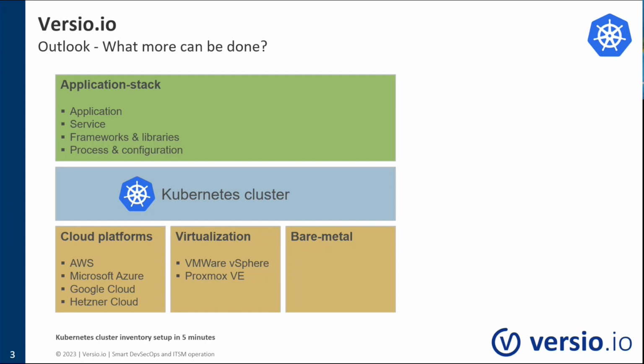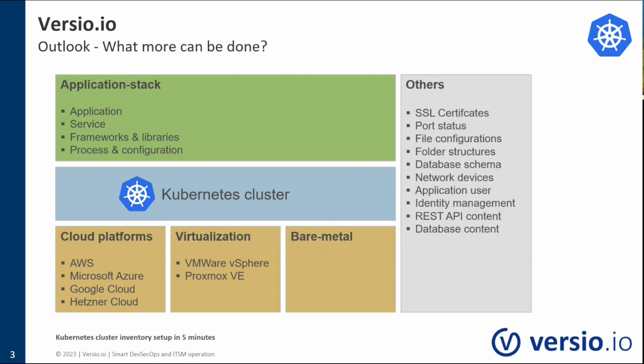Then you can also capture the application running in the pods. This allows you to capture the complete application stack of processes, configuration, and services. And at the end, you can inventory all kinds of artifacts that are necessary for the deployment of applications and that you would like to have better under control.